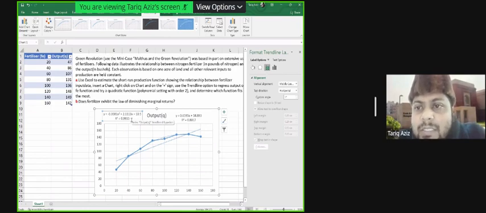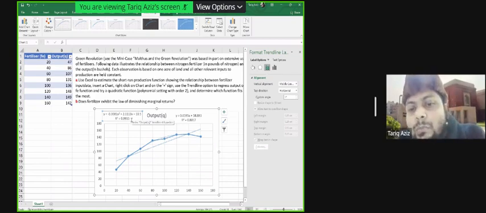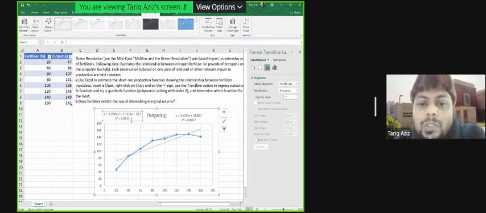So this R square basically denotes the regression fit. It means that polynomial regression fits the data better than the straight line. The linear line is not closer to the actual data, but the polynomial regression line is actually closer to the actual data.